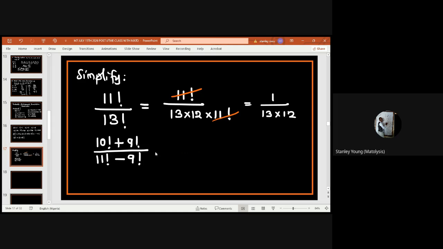What do I do? I'll first try to figure out the smallest factorial here. What's the smallest factorial we can see here? 9 factorial. Good. So I will leave the 9 factorial alone and adjust the others to match it. The 10 factorial will be 10 times 9 factorial.